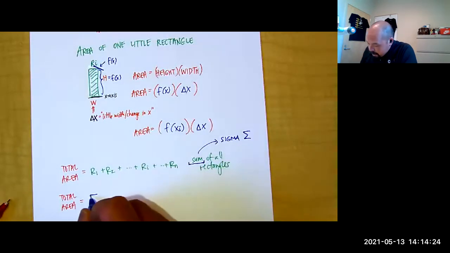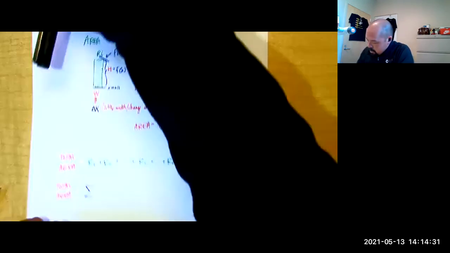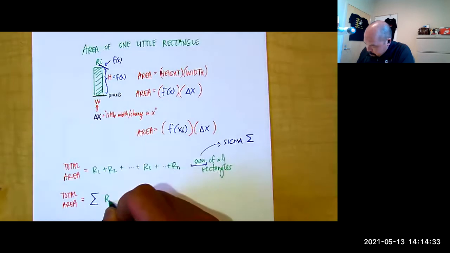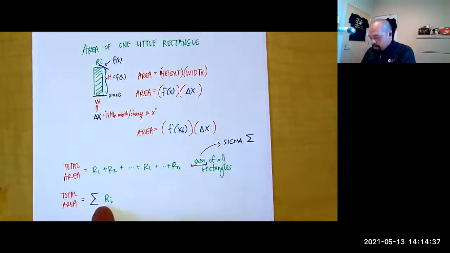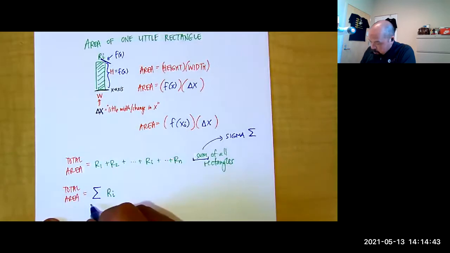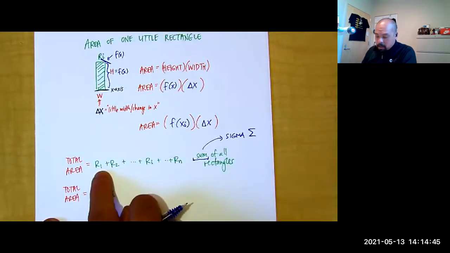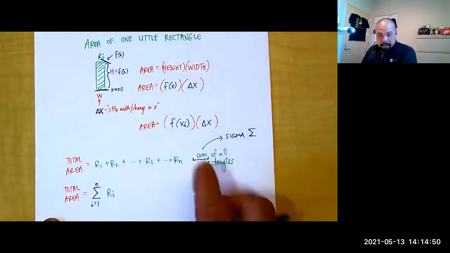So we're going to be taking the sum of all of those little rectangles, r sub I, the sum of all these rectangles, going from, letting I equal 1, the first rectangle, up until n.